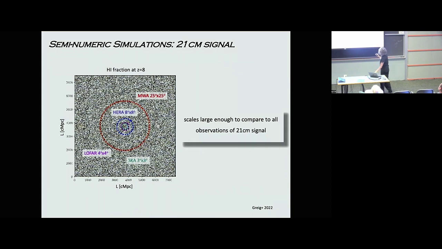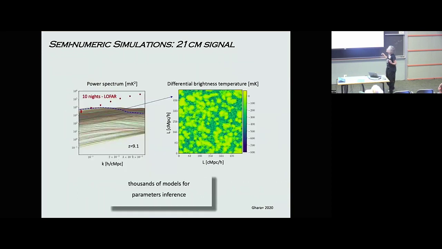Because they're computationally so cheap, you can really afford to run thousands of these models. And this shows an example from the LOFAR collaboration. Here you have the power spectrum of the 21 centimeter signal. The lines are all different models compared to 10 nights of observation.